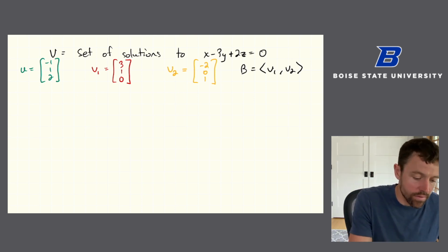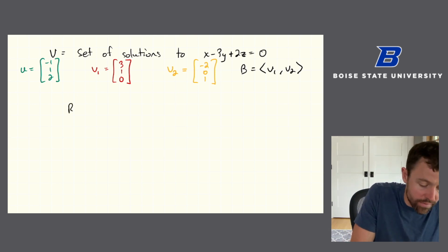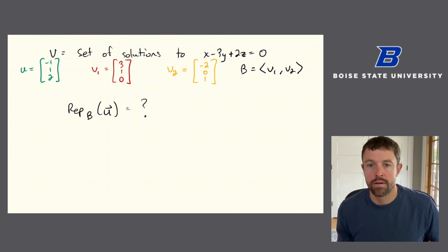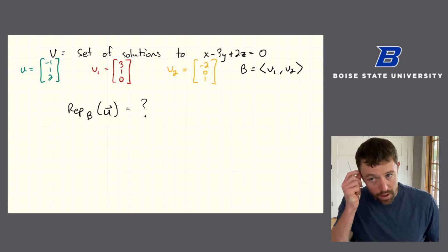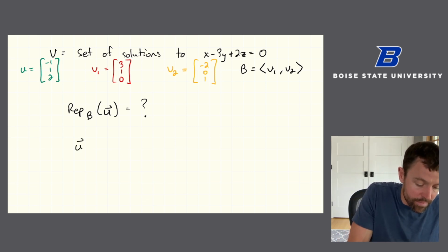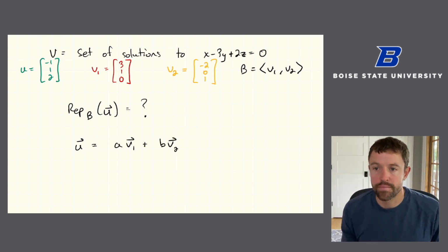What I need to do is write the vector I'm trying to represent. So here I'm trying to find rep b of this vector u. Need to figure out what that is. In order to do that, I need to write u as a linear combination of v1 and v2.